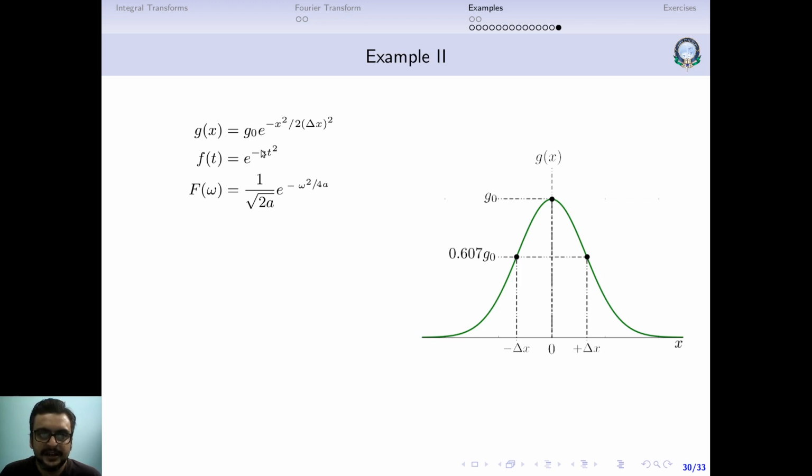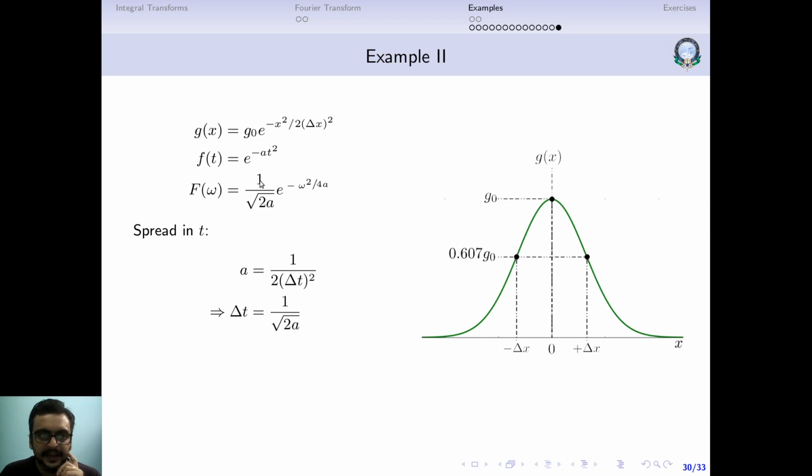Forget about the minus sign. That means a is equal to 1 by 2 into delta t whole square. So from here we can get delta t to be equal to 1 by root over twice a.